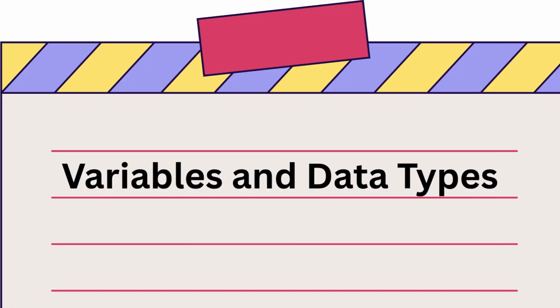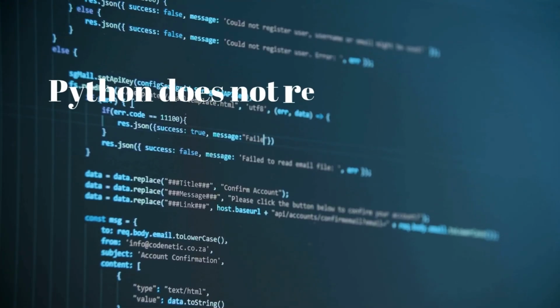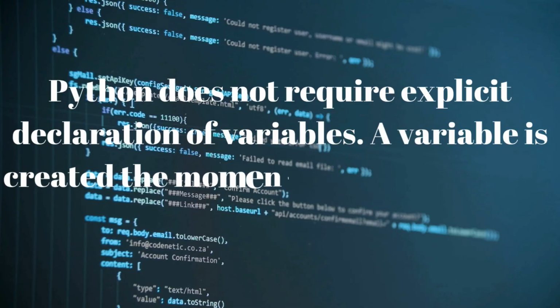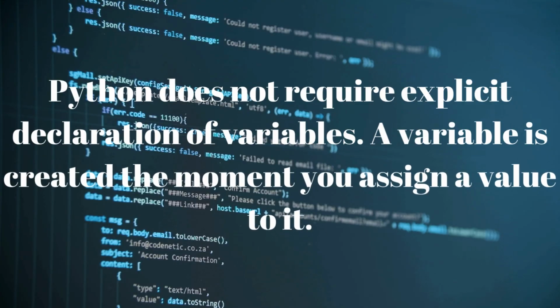Variables and data types. Python does not require explicit declaration of variables. A variable is created the moment you assign a value to it.